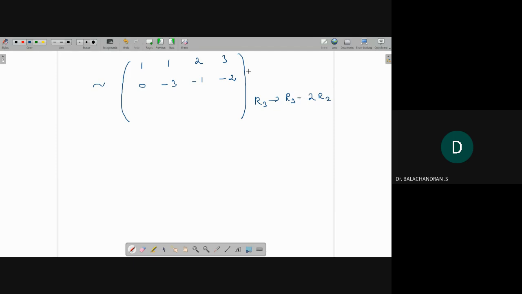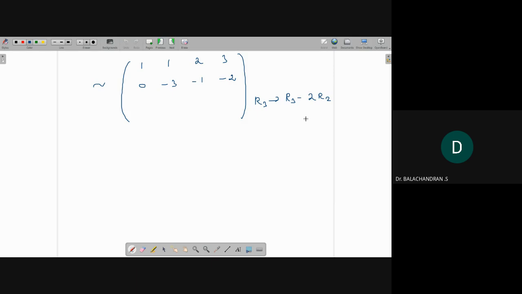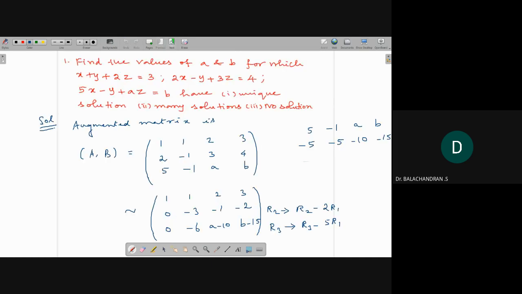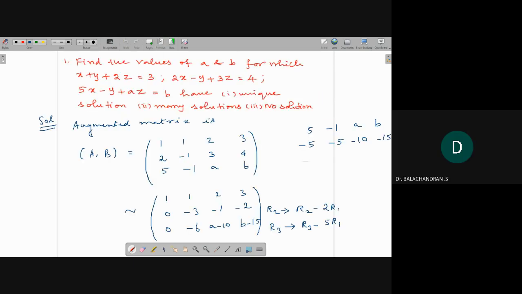Okay, what is R3? R3 is 0, minus 6, a minus 10, b minus 15. And minus 2R2 is 0, minus 6, minus 2, plus 4.